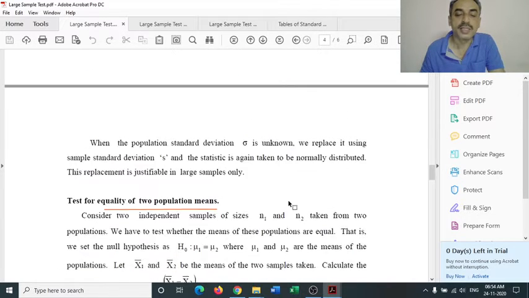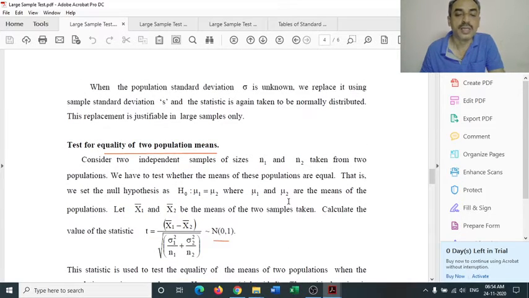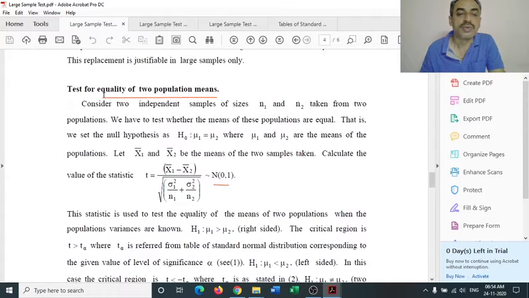Now, the second test in this large sample test is the test for equality of means of two populations. Here we have the null hypothesis H0: mu1 equal to mu2, where mu1 and mu2 are the means of the two populations. To test that hypothesis, we draw two samples; x1 bar and x2 bar are their sample means, and n1 and n2 are the sample sizes.